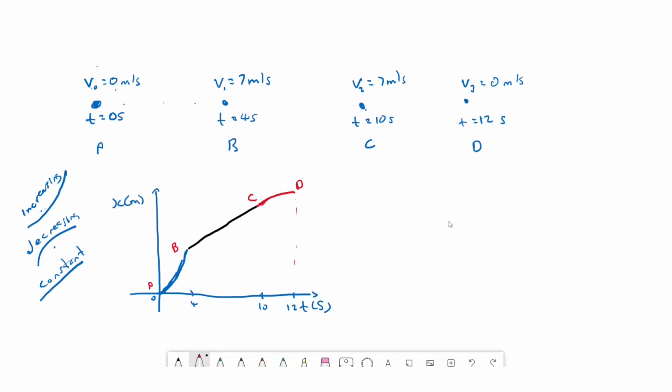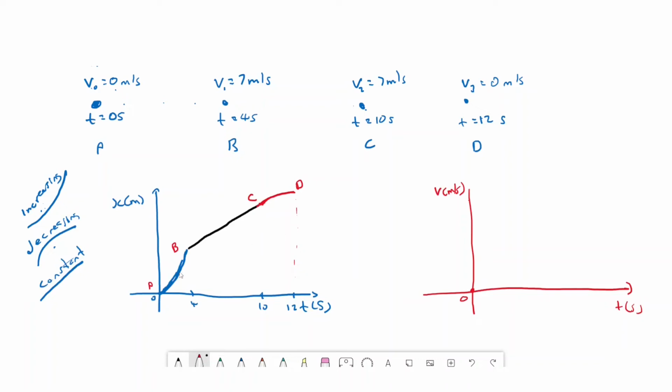So how about the velocity time graph? Let's plot the velocity time graph for this situation. This is the velocity here, and this is the time here. Then this is 0, it's going to start here. The velocity starts at 0, and then it's going to increase up to here.